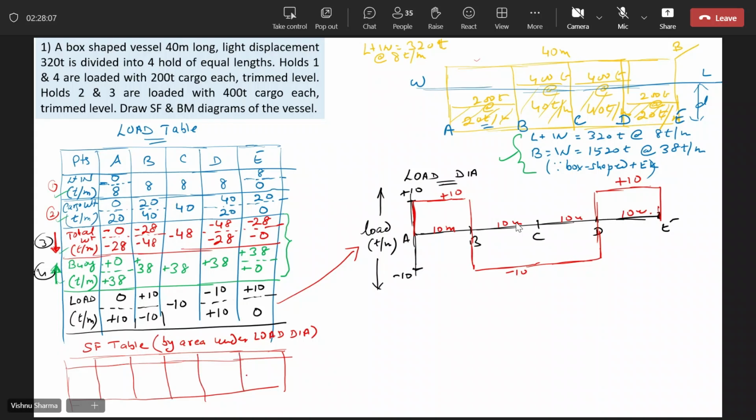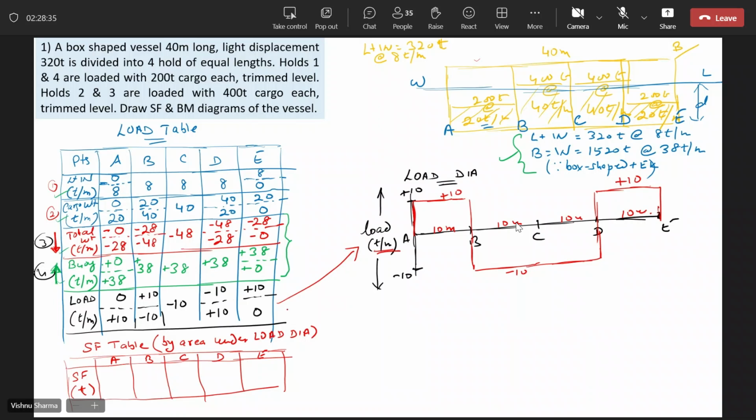Division always happens in the first table, if at all. Now SF will be in tons. Why, beta? This is tons per meter, this is meter. When you multiply, the area will come in tons. Same way as you were dealing with the SF diagram, can you deal with me? What is the area under the load diagram to the left of A? How much?